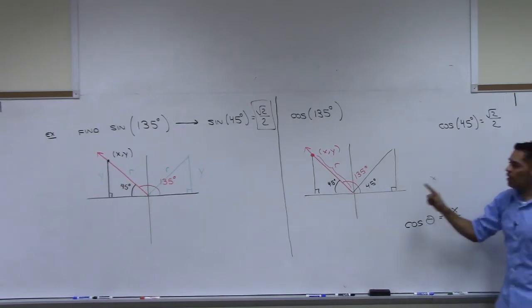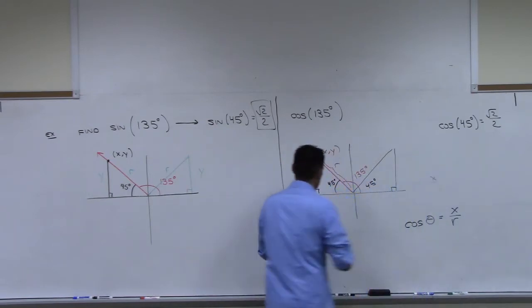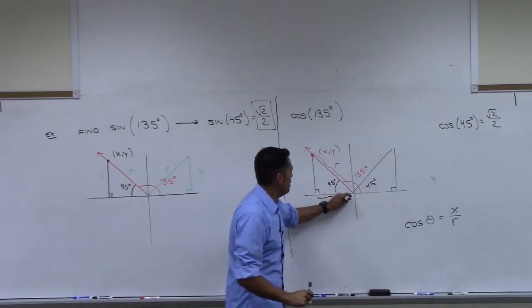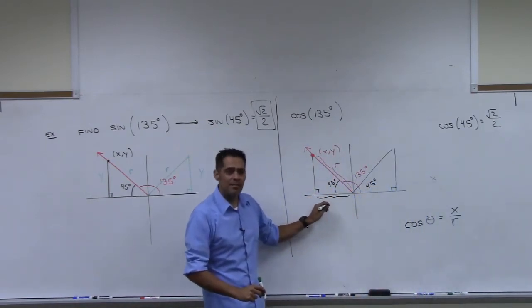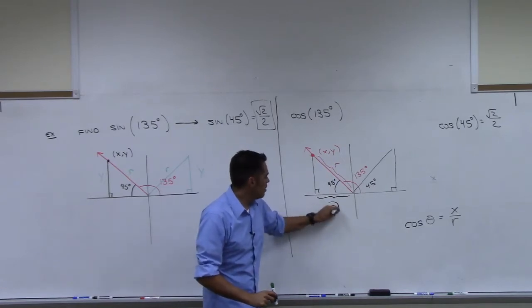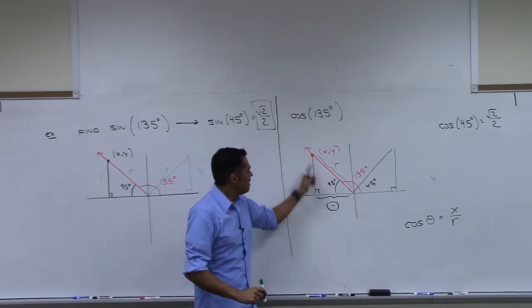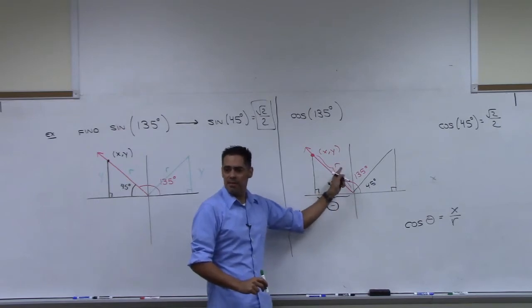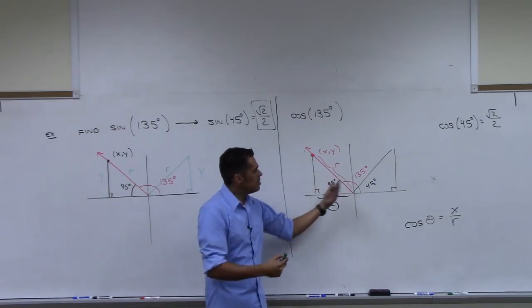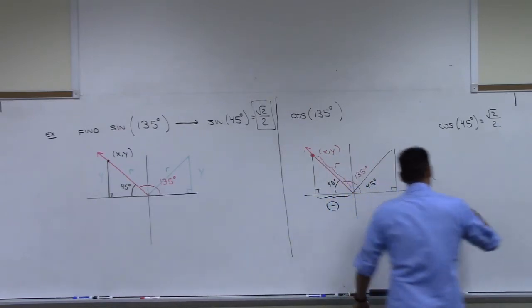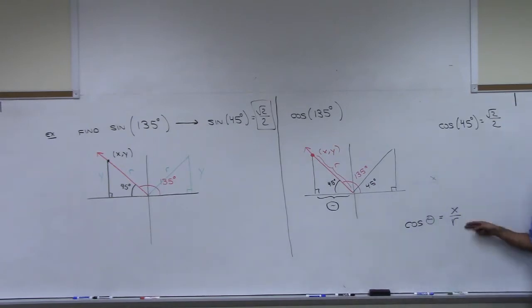But because we're in this quadrant, can you tell me about the sign of that x-coordinate? Is it positive or negative? This is a negative number, and the hypotenuse is a positive number. So when you set up this ratio of x over r, you're going to have a negative number over a positive number, so it's going to be the same answer as this, but negative.